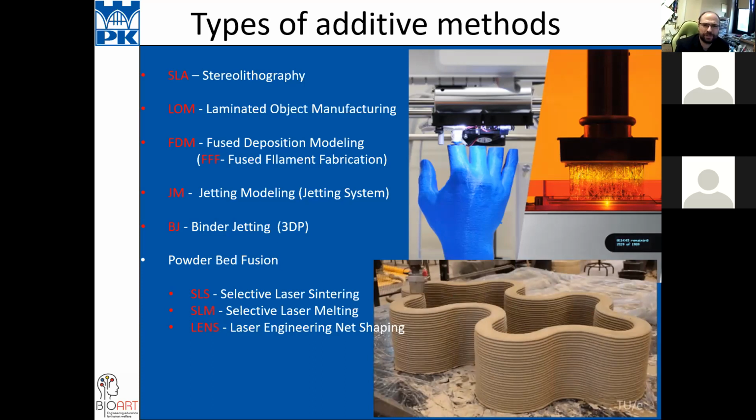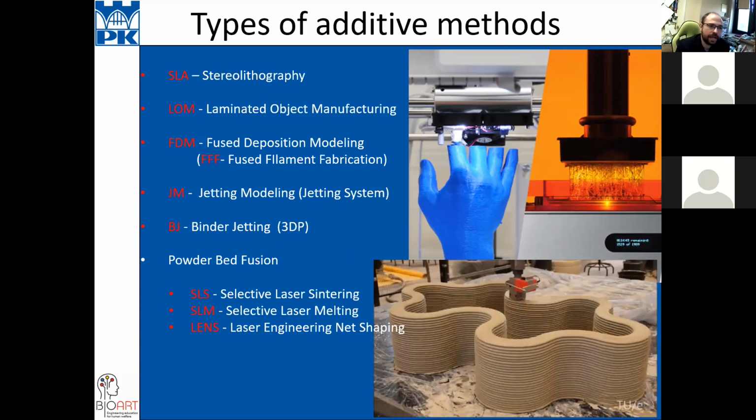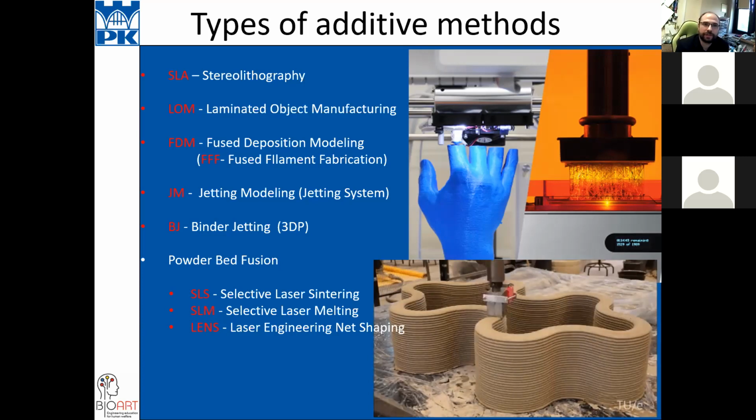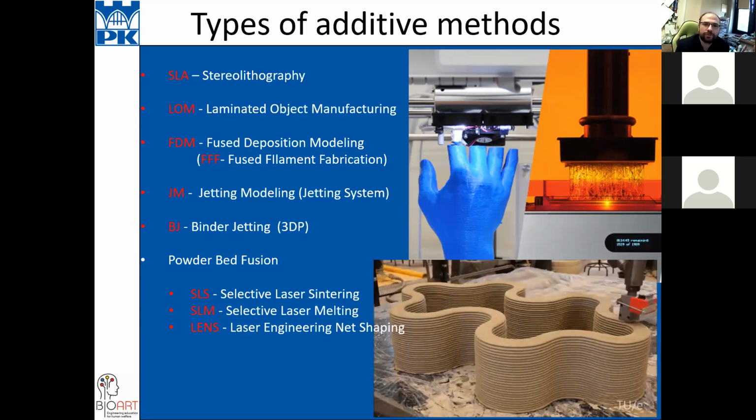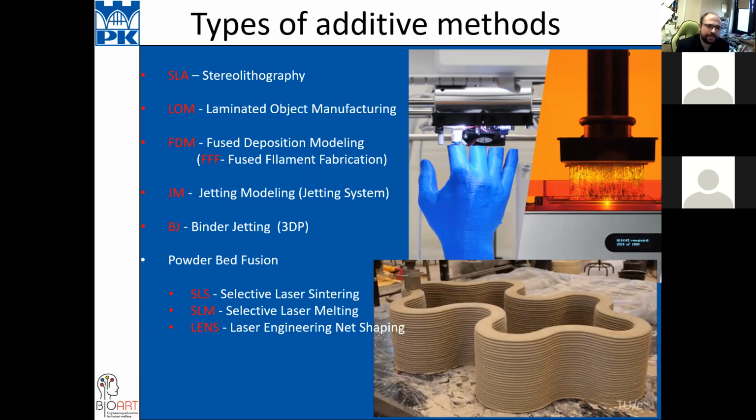In these machines we must use a very high power laser. We also need very pure metal powder to print something. These techniques are reserved for special things.